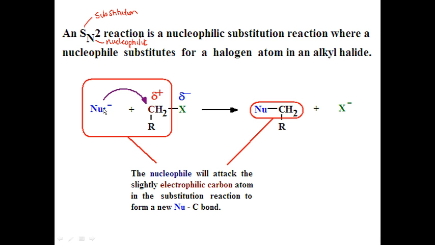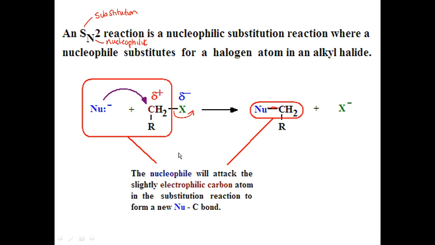The problem is if your nucleophile is going to donate its pair of electrons to form this nucleophile-carbon bond, this carbon has to lose or break a bond in order to not form 5 bonds, which is still not allowed in our organic class. So as the nucleophile comes in and forms the nucleophile-carbon bond, the carbon-halogen bond breaks, and that pair of electrons moves to the halogen so that it forms a halide ion.